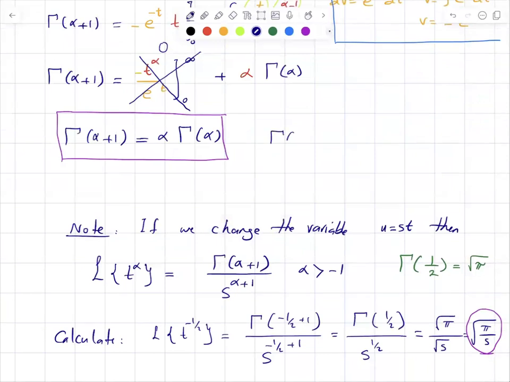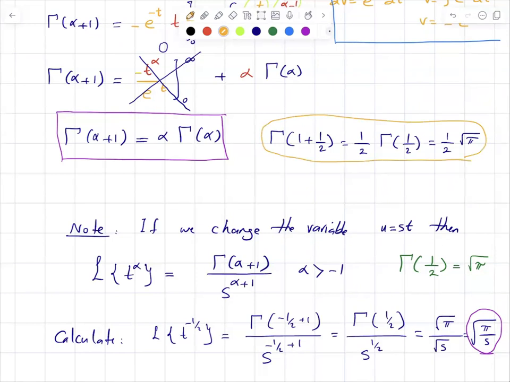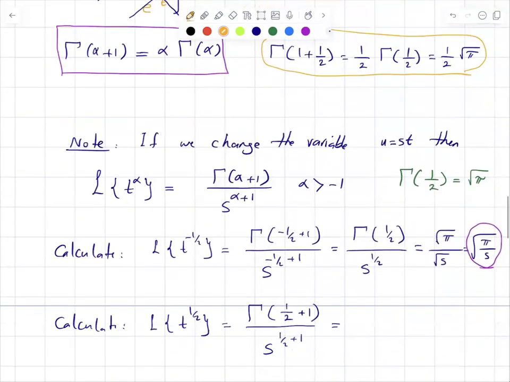So if I ask you to calculate the gamma of 1 plus a half, this is a half times gamma of a half, which is a half times square root of pi. So let us use this important piece of information and continue the calculation down here. So this is going to be a half times square root of pi divided by s to power 3 halves.